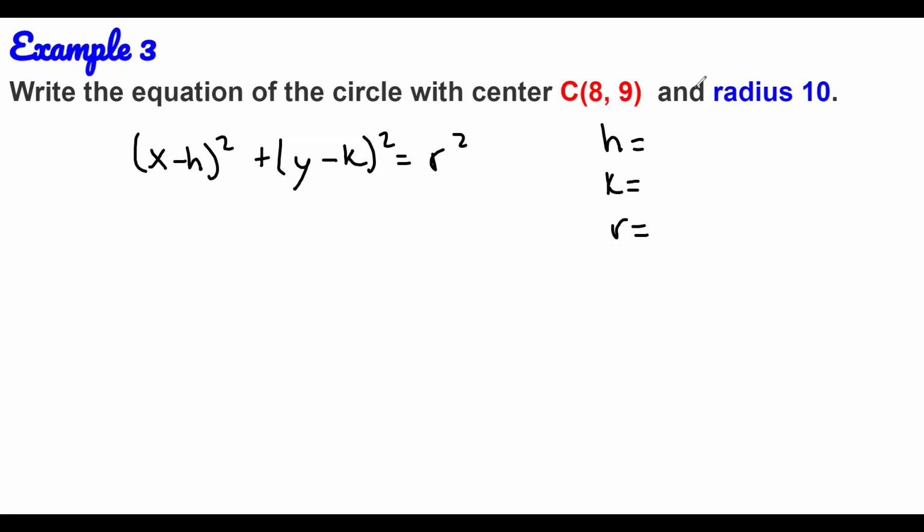I think that 8 is what? H is 8. Okay. Nine and r 10. There you go. All right, let's see how it looks in my equation. Derek, pass it on.